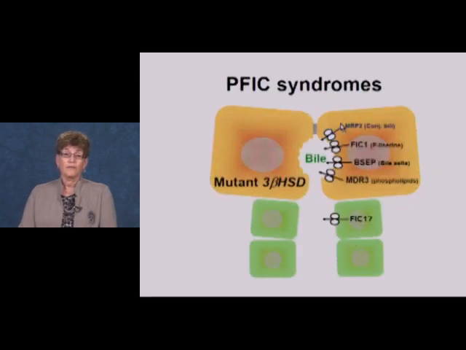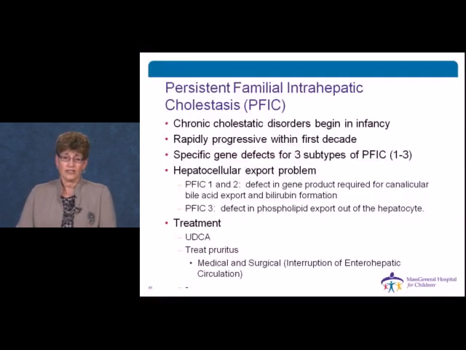So the PFIC syndromes, that's familial intrahepatic cholestatic syndromes, are due to different enzyme deficiencies, and we're going to discuss those. And this is the bile acid storage disorder that is known to cause intrahepatic cholestasis.